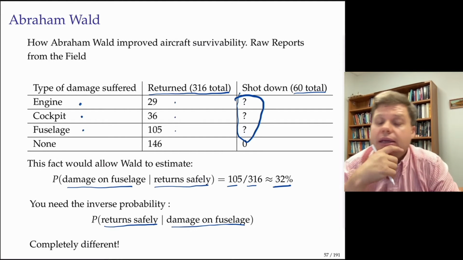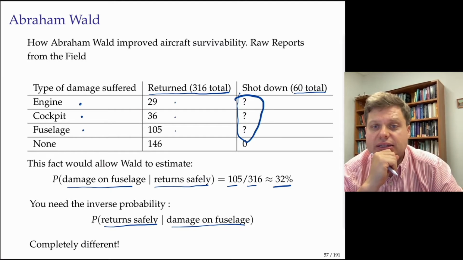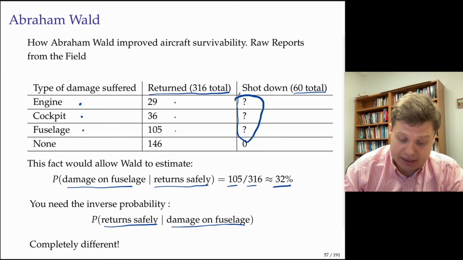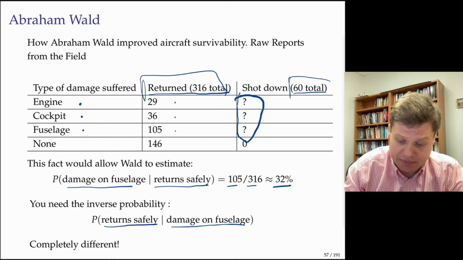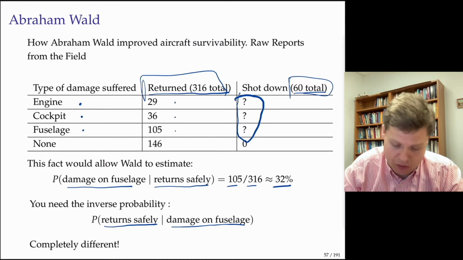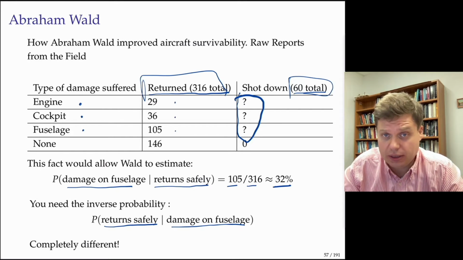And so they took a data set from one of the missions, and in this data set they had 316 planes that returned back home and 60 planes that did not come back home. And of course, planes that did return back home, you can see what type of damage was caused to them.